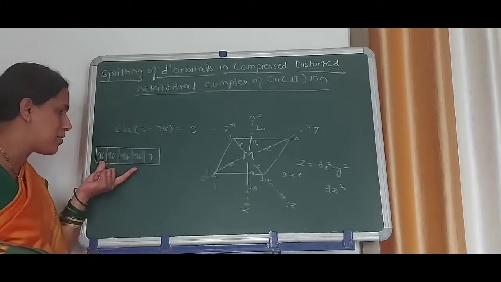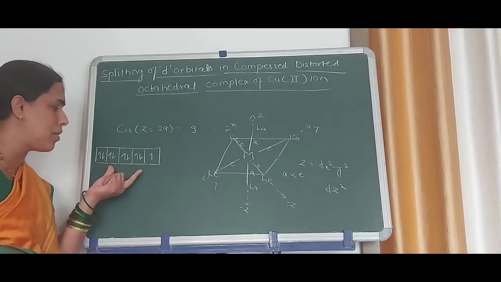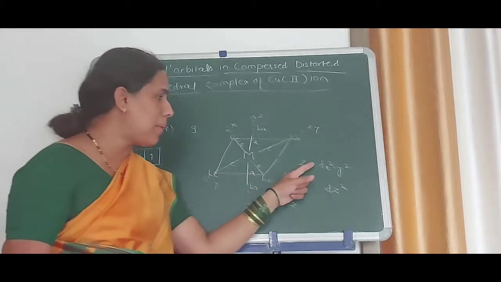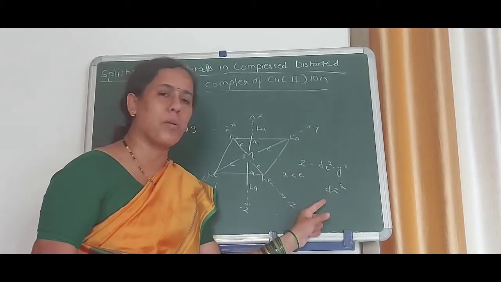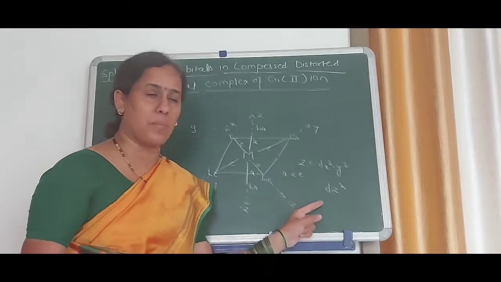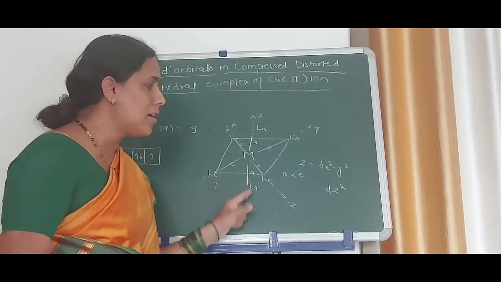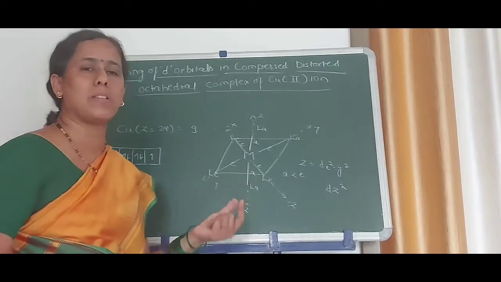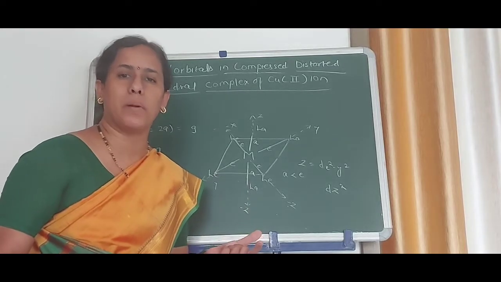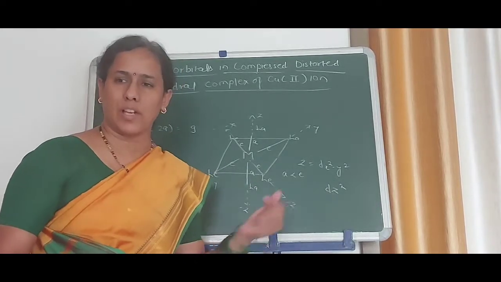According to the number of electrons, the 9 electrons of the central metal ion take part in these orbitals, called Eg orbitals, situated along the z axis. The diagrammatic representation of the splitting of d orbitals can be shown here.